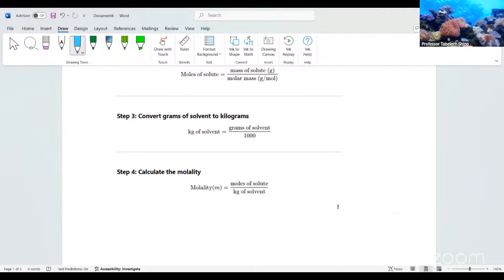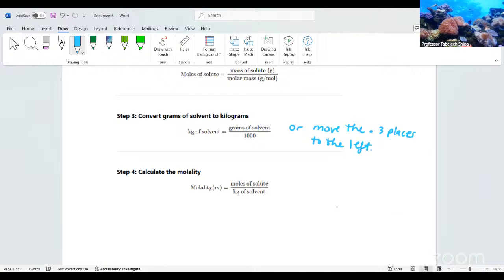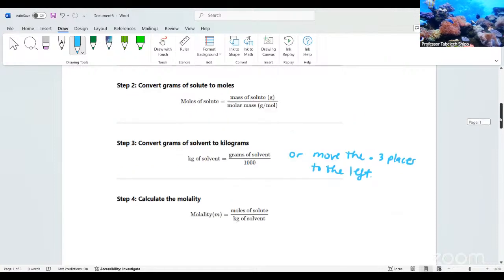You've got to convert it to kilograms by dividing by 1,000, or moving your decimal 3 places to the left.